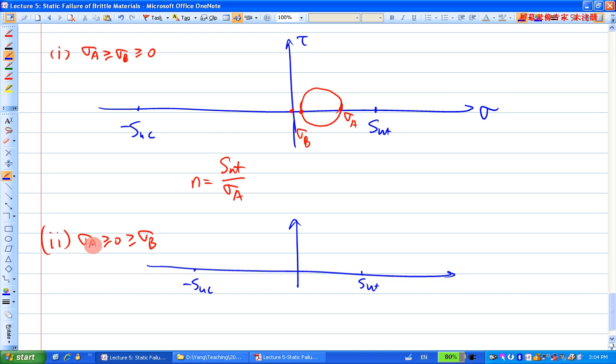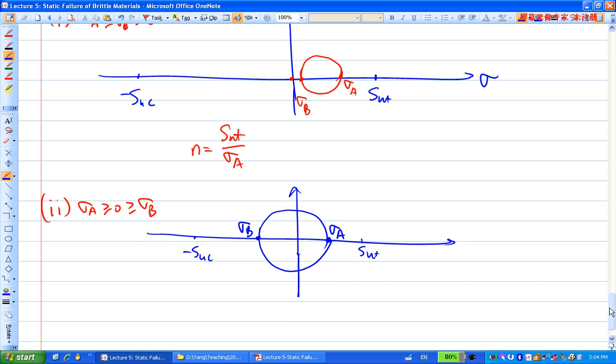When you have this kind of state of stress, the Mohr circle must be something like this, with A here and B here. So what is sigma 1? That's sigma 1. And what's sigma 3? This is sigma 3.